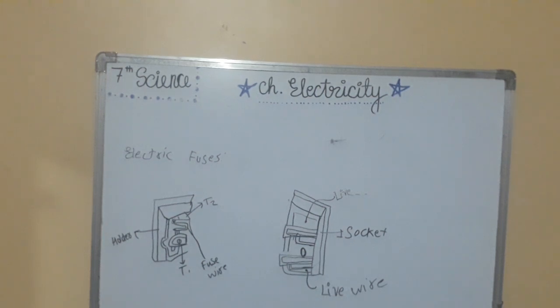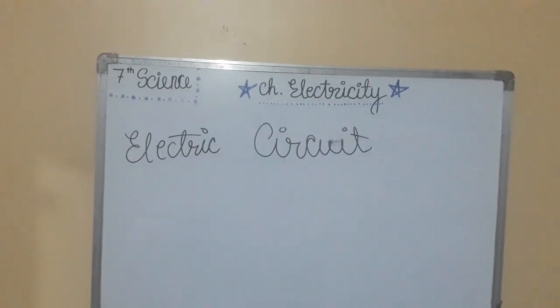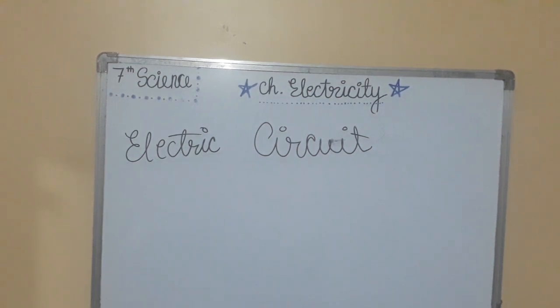Now we will learn about the electric cell and its introduction. What is it? First, have you ever thought what makes a torchlight glow? A torchlight glows due to a cell in it.